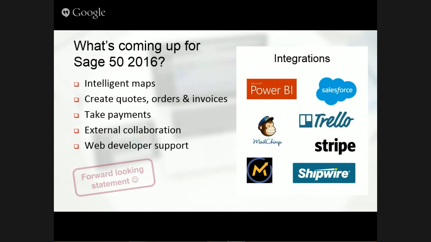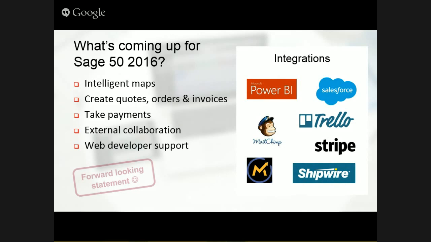We're adding intelligent maps. So say, for example, you're a wholesaler selling through a number of retail stores, and you want to see who has purchased a particular line item, or what stores will stock this line item within a 50-mile radius of a certain point, or indeed a sales rep trying to plan a series of visits through his customers that may stock certain products.